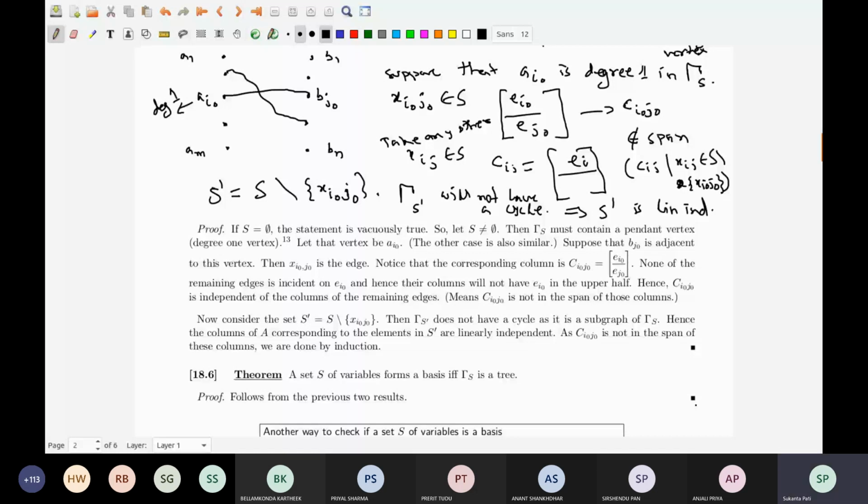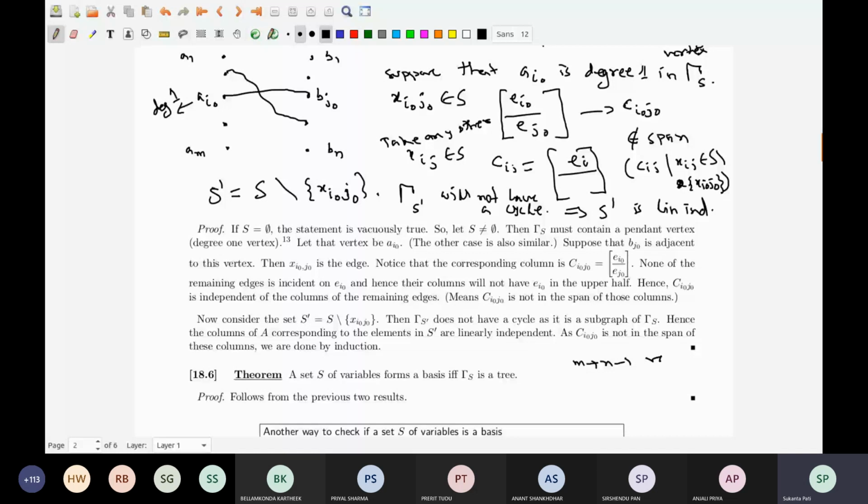Now S forming a basis means that S will have m plus n minus 1 variables, because that is the rank of the coefficient matrix. That will have that many variables.